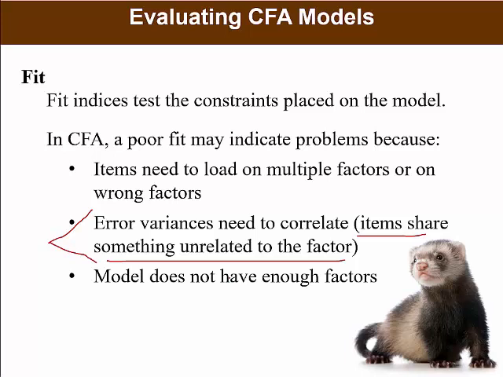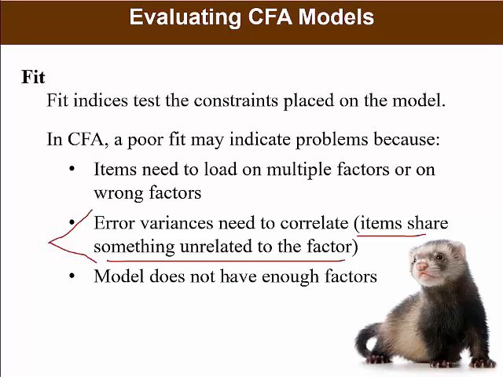After extracting the depression component out of both those items, maybe there was still a spiffy component, that part of how people reacted to the word spiffy. And so maybe those two items correlated with each other even after depression was extracted out. And that's really not something we want. We don't want our items sharing relationships with each other after the factor has been extracted out of them.